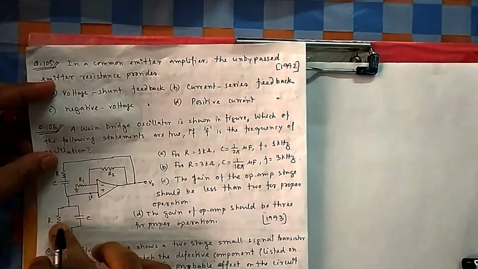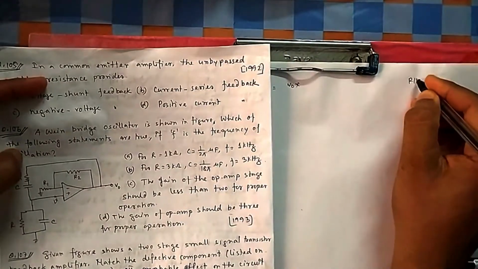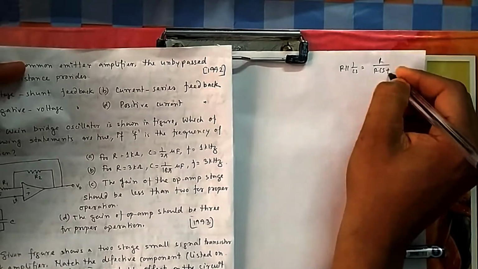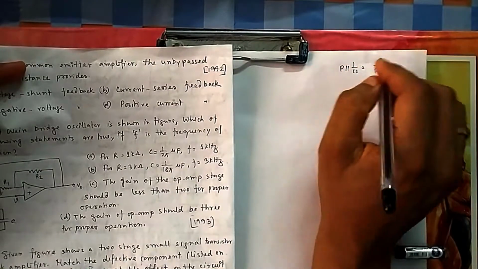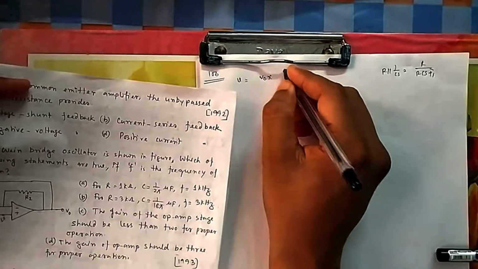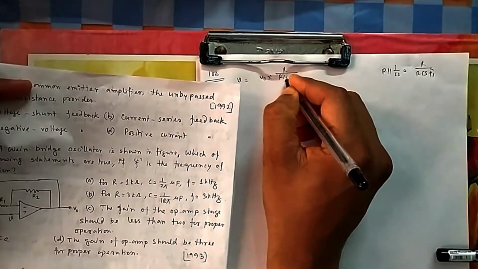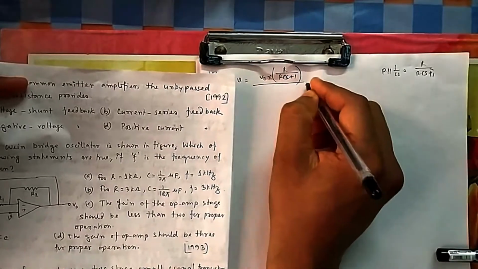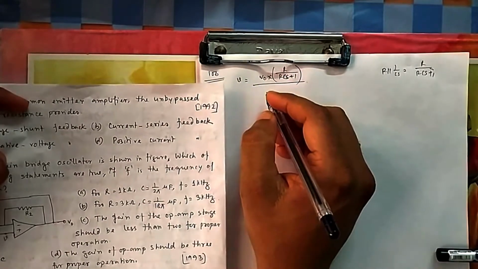Now what is this parallel combination? If you put R in parallel with 1 by CS, we have already seen this many times, it will come to R by RCS plus 1. So this divided by this plus this, that will come. So it will be R by RCS plus 1, divided by the total impedance.